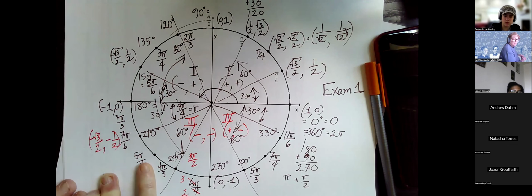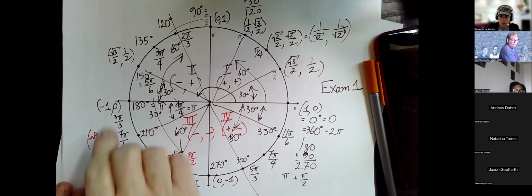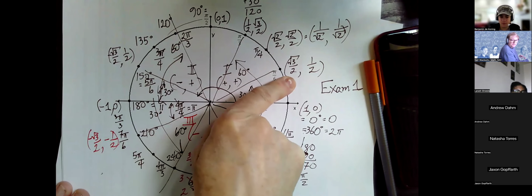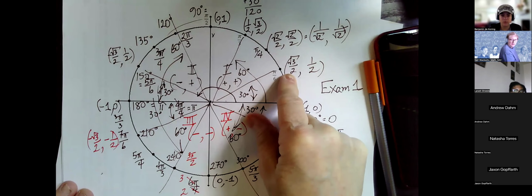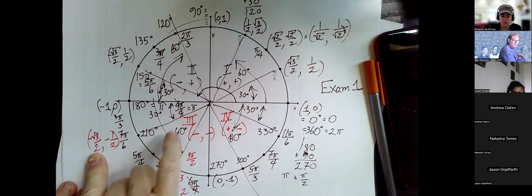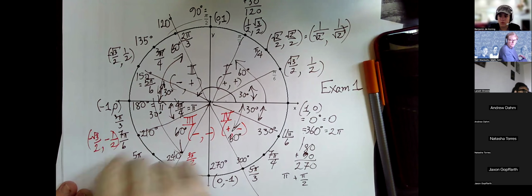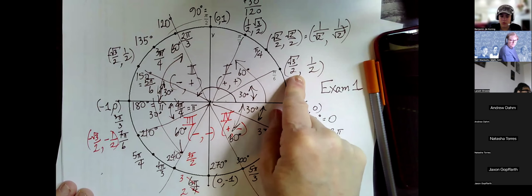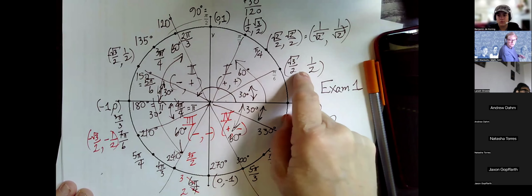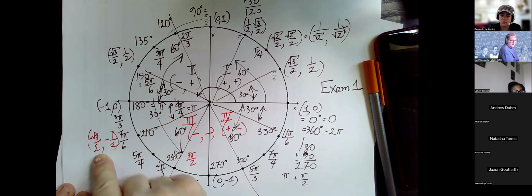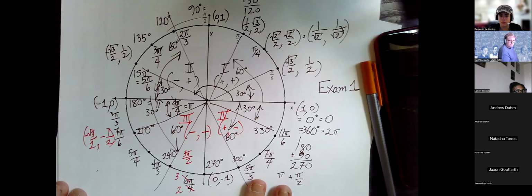Good. So we have exactly the same coordinates if we think of them as adjusted for the quadrant. Square root of 3 over 2, 1/2. Quadrant 1 is plus plus. Quadrant 3 is minus minus, but the numbers are the same.